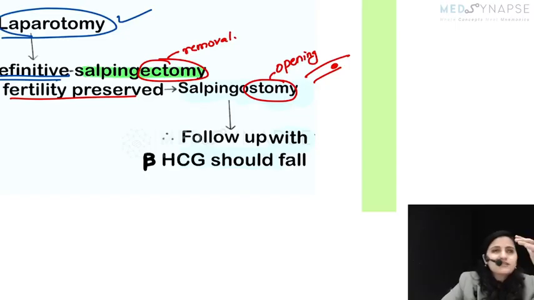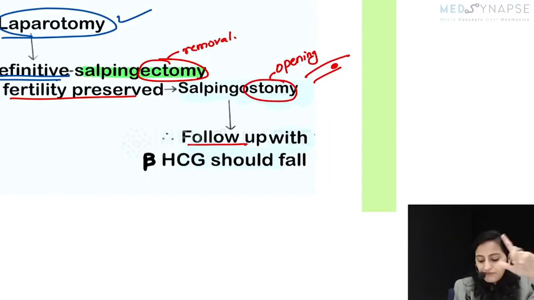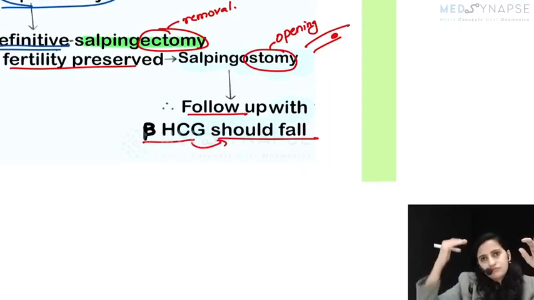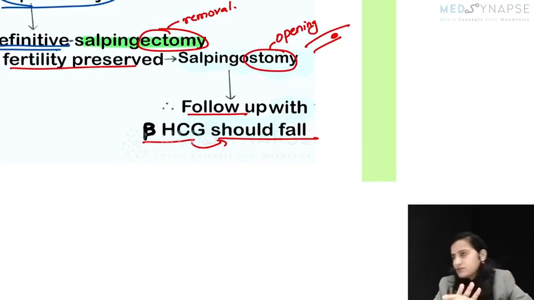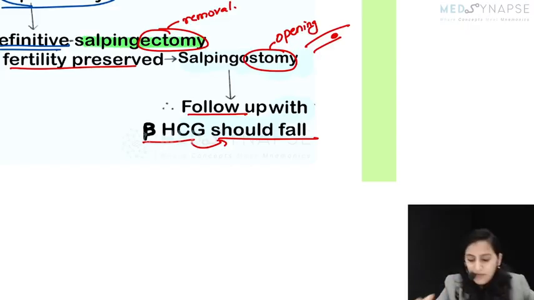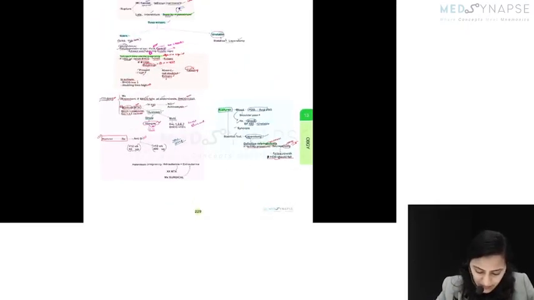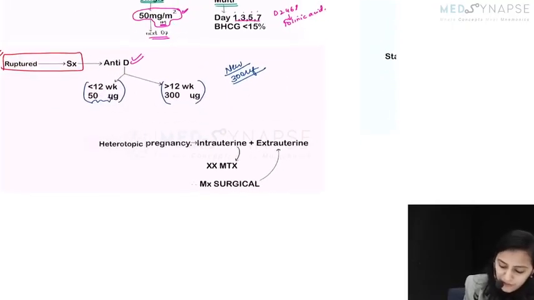But the risk with salpingostomy is the ectopic removal might be incomplete, and therefore it is important to follow up after salpingostomy with beta HCG levels, and it should fall. What is a heterotopic pregnancy?